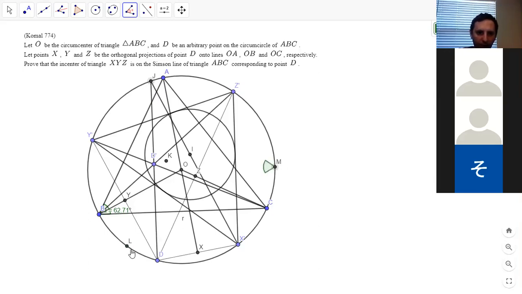Unless they're reflections of each other. Oh, they are. They're congruent, but they're just not oriented the same way in the circle.